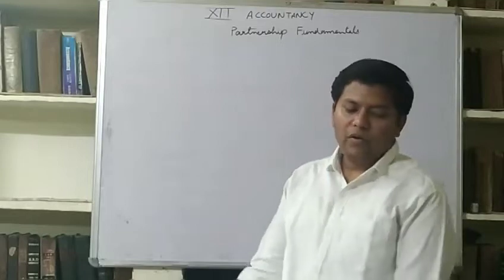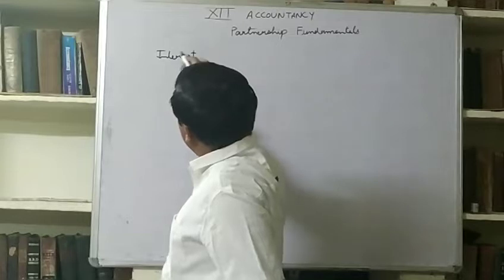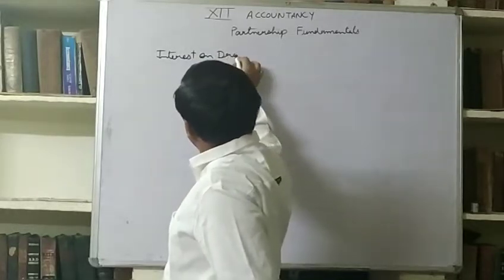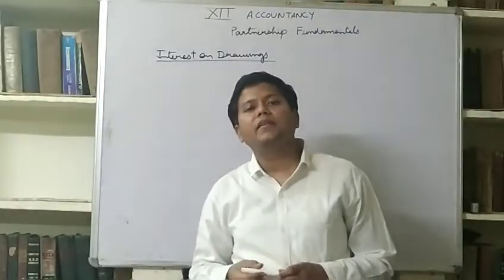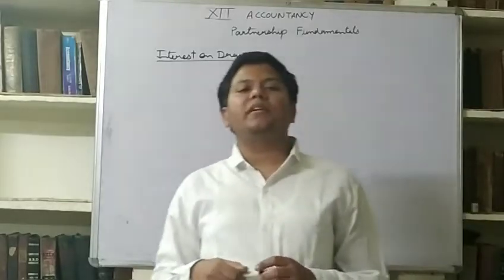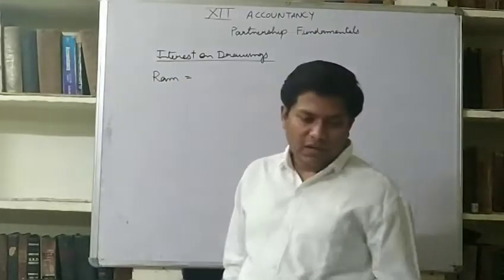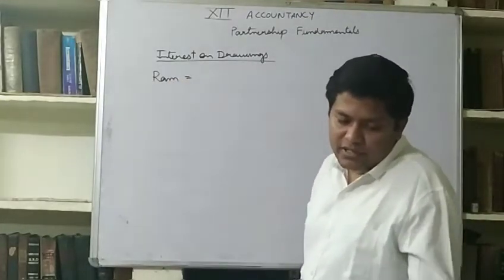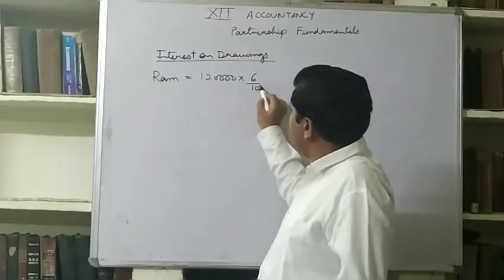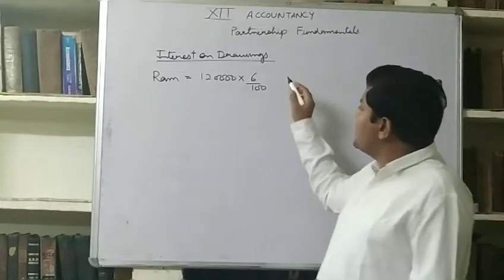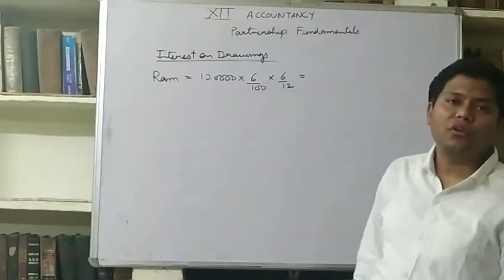So how will it be calculated? For interest on drawings, we use the same formula, that is principal into time into rate. So Ram's drawings were 1,20,000 and the rate of interest is 6%, and as per the rule, 6 months' interest will be charged on the assumption that he has not withdrawn in a single time.